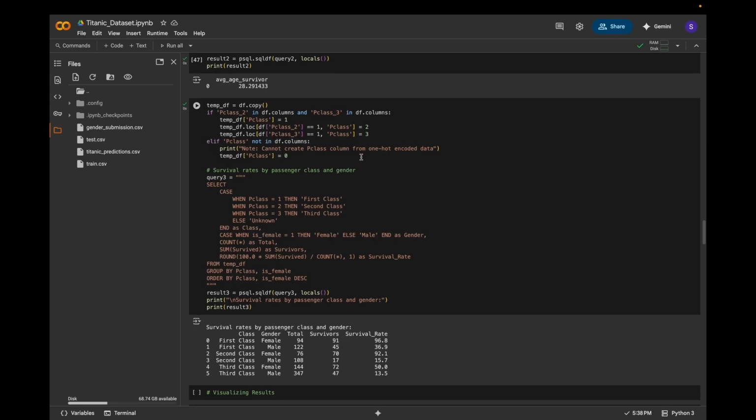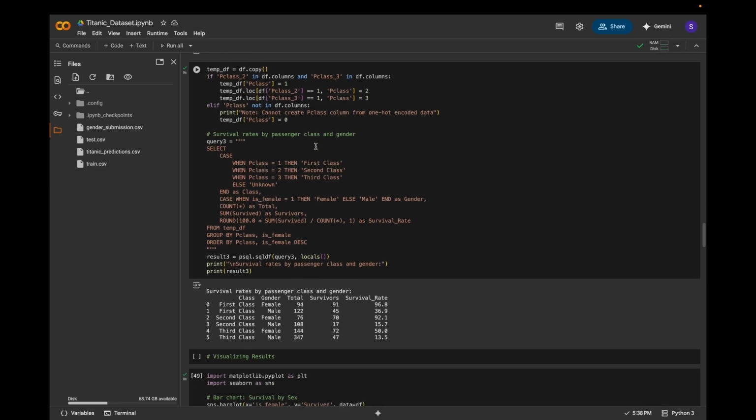So this code assumes that all passengers are class 1 by default, and then it sets the passengers to class 2 if that column is equal to 1, or class 3 if p class 3 is equal to 1.